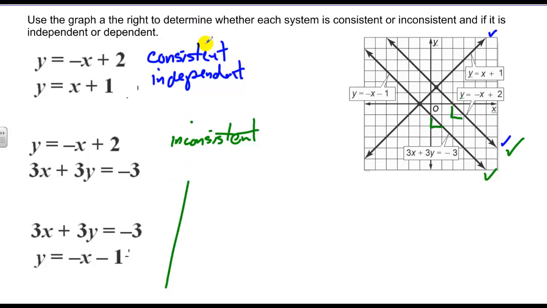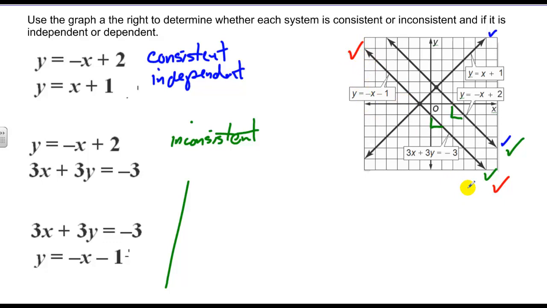And finally, let's use red. So in red, we now have 3x plus 3y equals negative 3 and negative x minus 1, which is right here. And we notice that, hey, wait a minute, these are the same line.